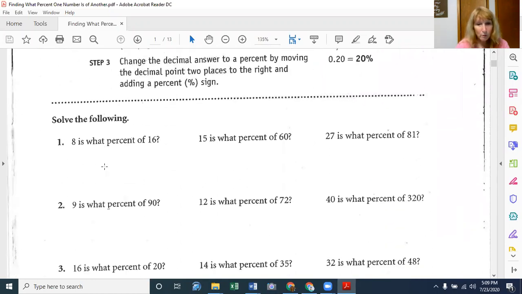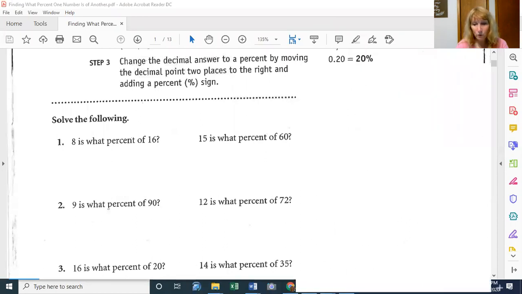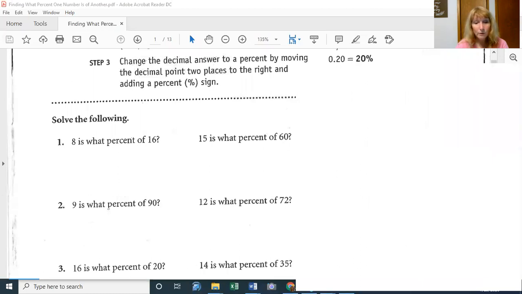So the formula that we normally would use is is over of equals P over 100. This will work for any missing piece of a percent problem.